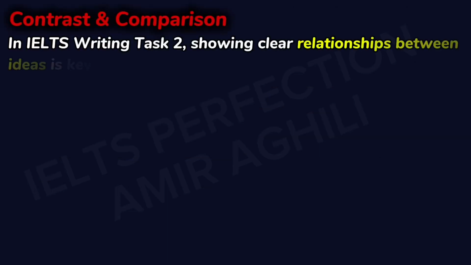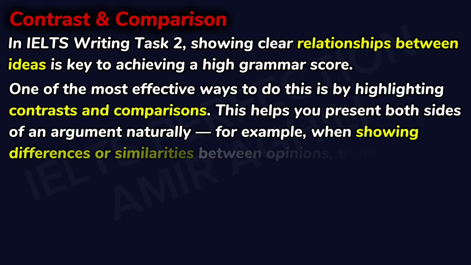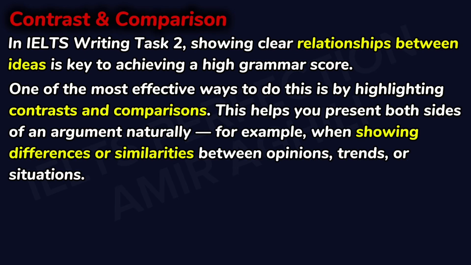In IELTS Writing Task 2, showing a clear relationship between ideas is key to achieving a high grammar score. One of the most effective ways to do this is by highlighting contrast and comparisons. This helps you present both sides of an argument naturally, for example, when showing differences or similarities between opinions, trends, or situations.